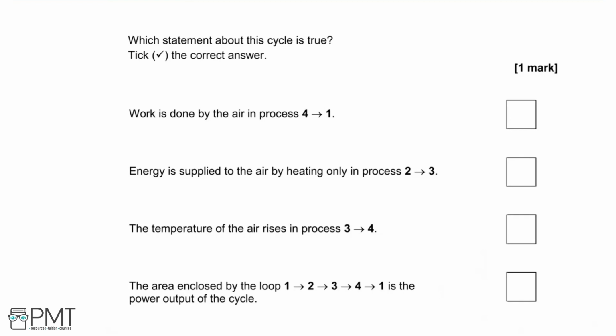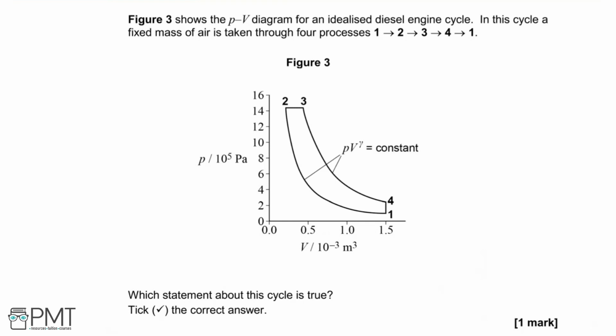Now the answer to this question is the second one. Energy is supplied to the air by heating only in process 2 to 3. Let's just look back at the diagram. Now there are two ways to supply energy to this system. One of those is heat and the other is work. We can see that this cycle is moving clockwise because it says 1, 2, 3, 4, 1. So it's going from 2 to 3. What this means is that the volume is expanding.